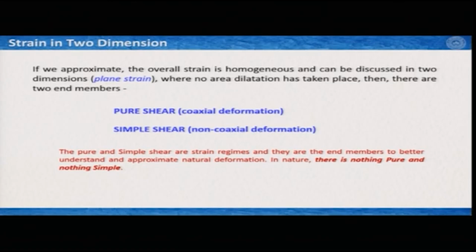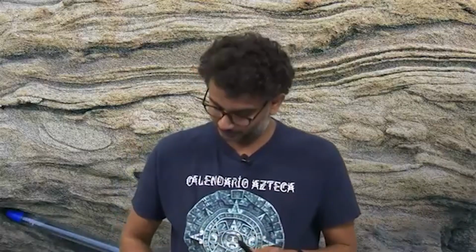I must remind you that these concepts of pure and simple shear are strain regimes, and they are just the end members to better understand, mathematically define or approximate natural deformation. In nature, it hardly happens in a pure shear or simple shear manner, or in other words, there is nothing pure and nothing simple in natural deformation.